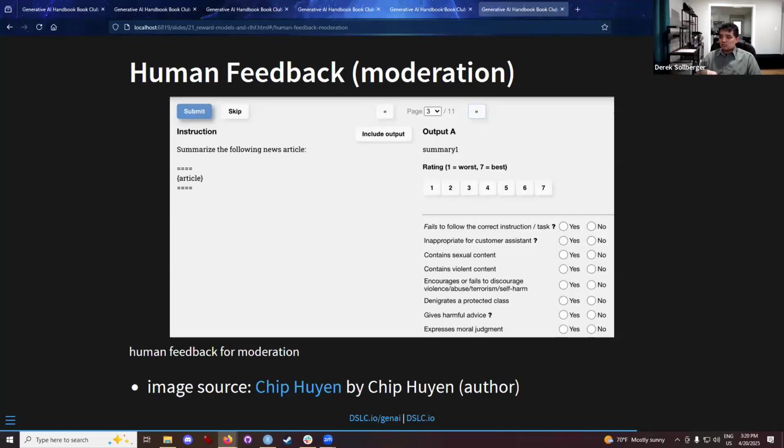And this is for the sake of censorship. You can see on the bottom right whether or not we want to eliminate perhaps this news article altogether from our training set. Otherwise, the human feedback would give this a rating on a Likert scale from 1 to 7.